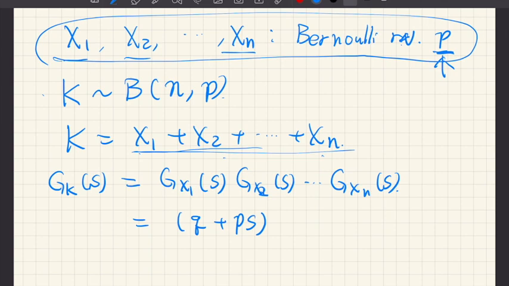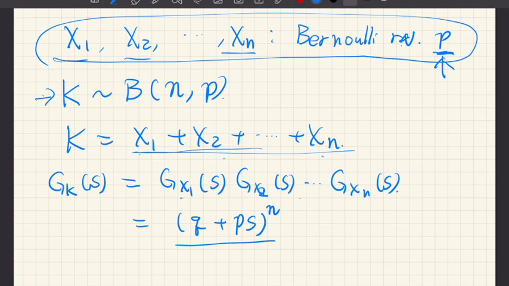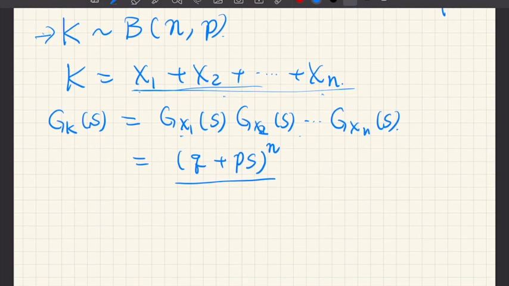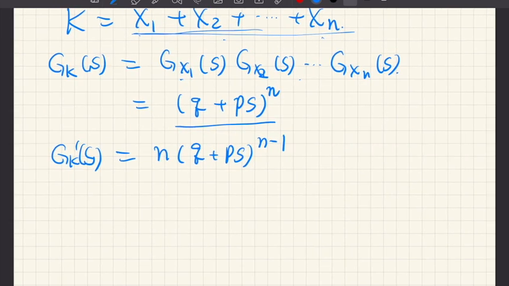This appears n times, so it will be to the power of n. So this should be the probability generating function of k. If we differentiate this with respect to s, we have n(q plus ps) to the power of n minus 1, times p.